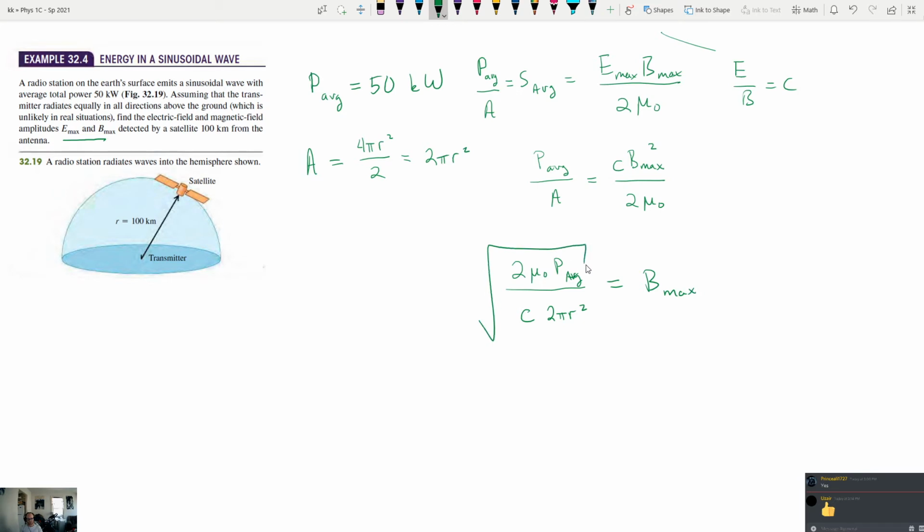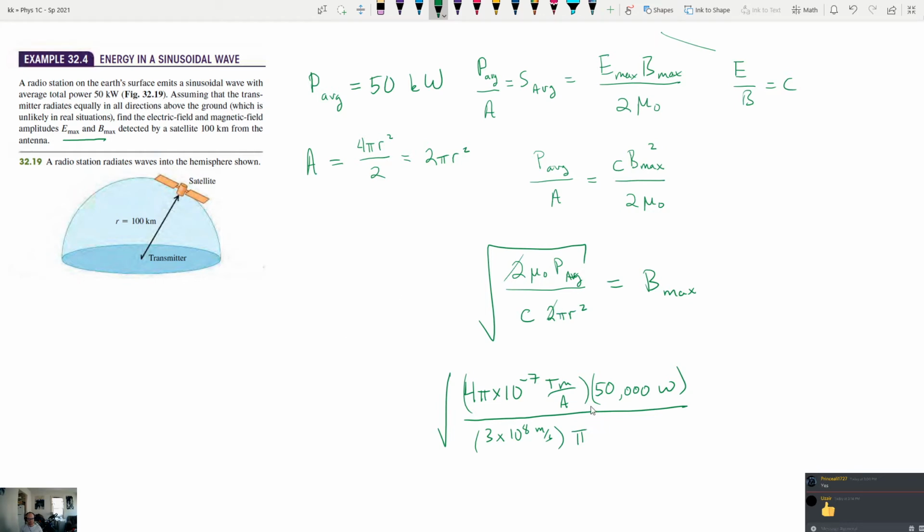So we're going to square root this. So I think the C's cancel. No, the 2's cancel. So it's going to be the square root of mu naught, which is 4 pi, times the average power given, which was 50 kilowatts. That's 50,000 watts. Divided by C, speed of light, pi.